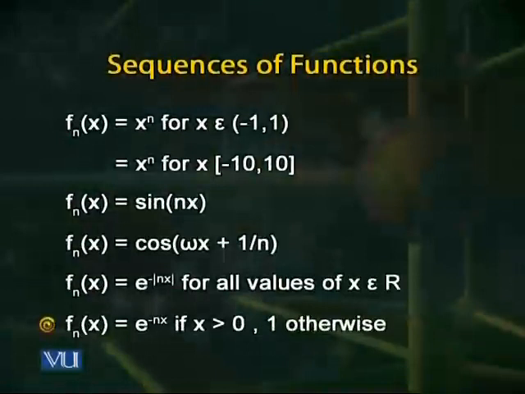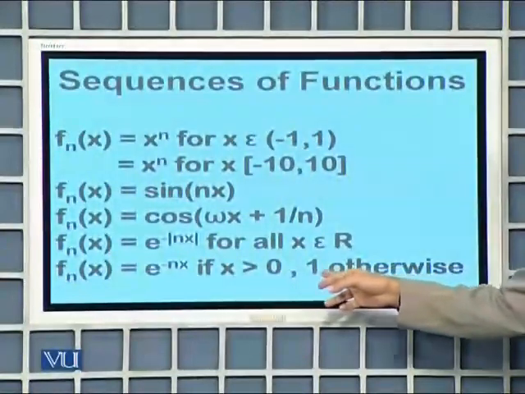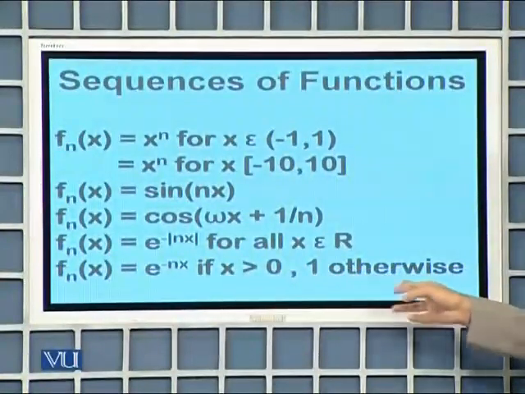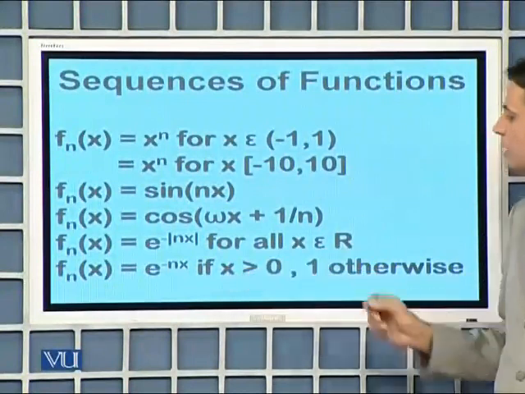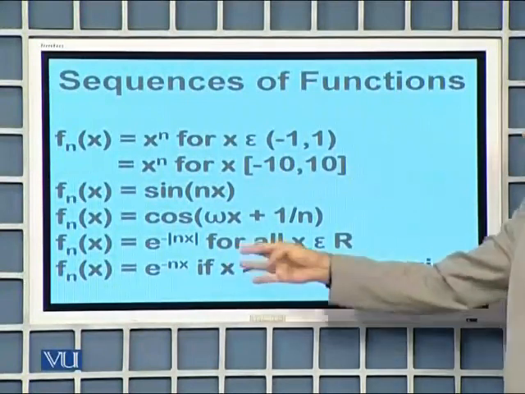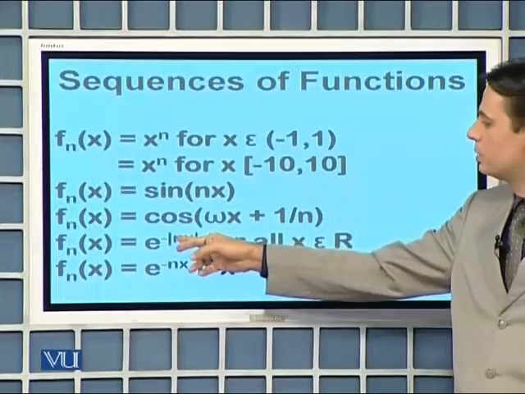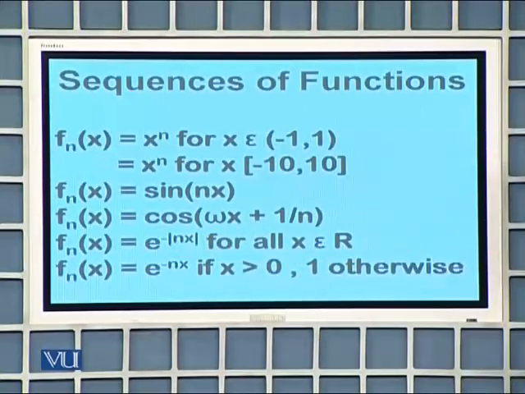except the origin. The last sequence of functions is very similar to the one we just discussed. It is given by e raised to power minus nx for positive values of x, and it is 1 otherwise. So this sequence of functions does not change for negative values of the domain, it only changes for positive values of the domain, and it changes similarly to the behavior of the previous collection of functions.